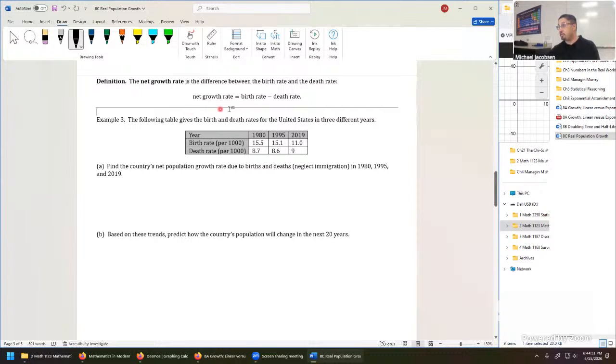The following table gives birth rates and death rates for the United States in 3 different years, the 80s, 1995, and almost 2020. So we have birth rates and death rates, and we're going to use that to think about how the country's population will change in the next 20 years. So we're making a projection based off this tabular data that we have here.